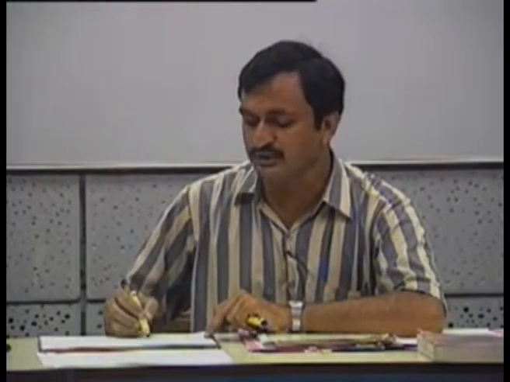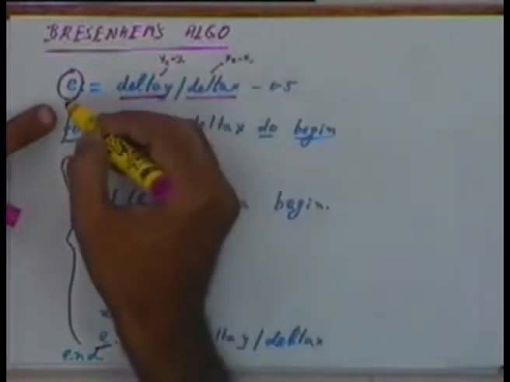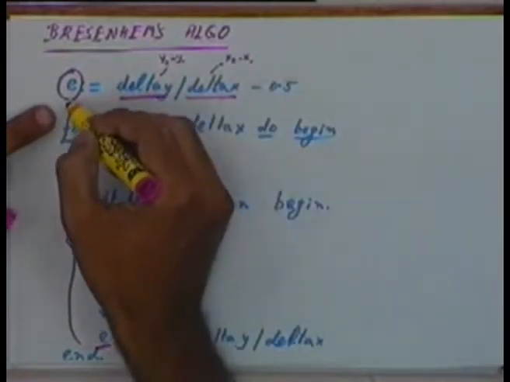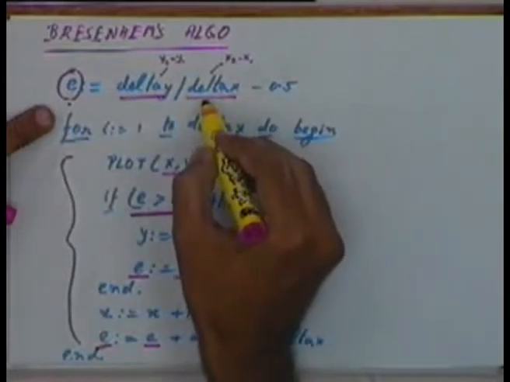Since we are not bothered about the actual magnitude of E, instead of coding the algorithm on the basis of E, we will code it in terms of E multiplied by delta x multiplied by 2.